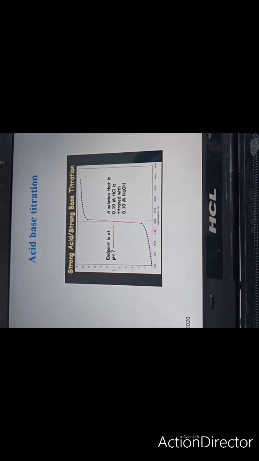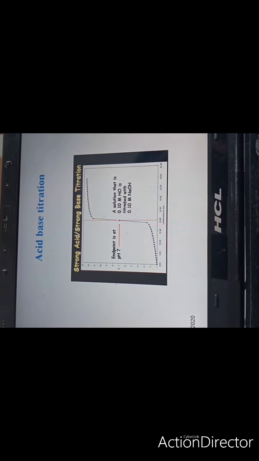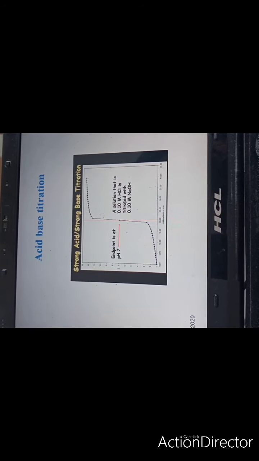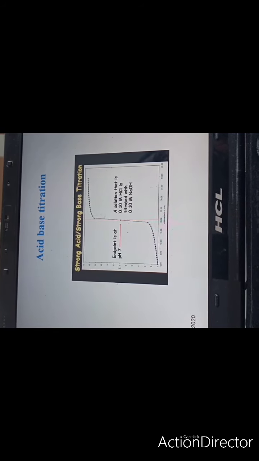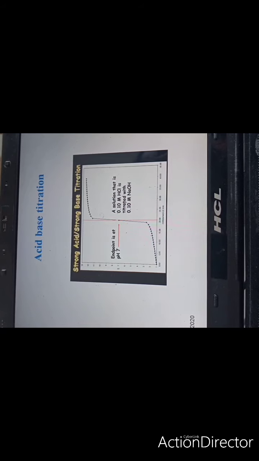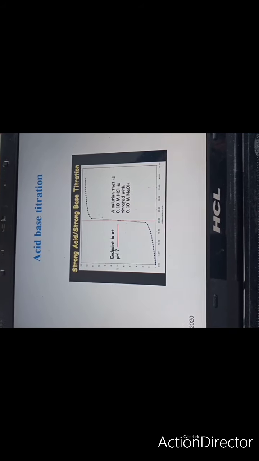When the pH goes somewhere near 8 to 10, it means that all the HCl which was present in the conical flask has finished, and now the pH will be basic due to the addition of excess NaOH, and phenolphthalein will give you a pink color. So the endpoint in this case will be colorless to pink.